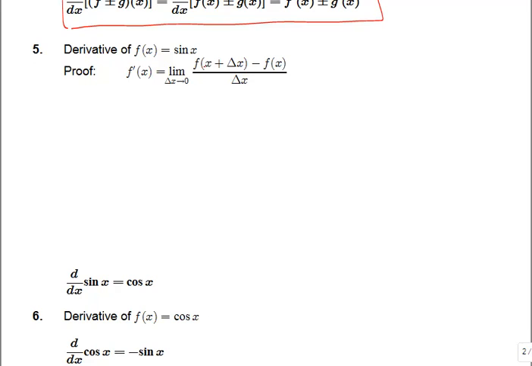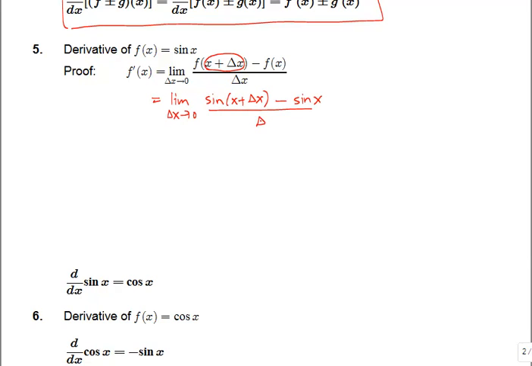And in this function, our function is sine of x, so we want the sine of this input right here. So this first part, f of x plus delta x, becomes sine of x plus delta x, and you want parentheses around that whole quantity. And then we want to subtract from that just f of x, so that would become just sine of x.